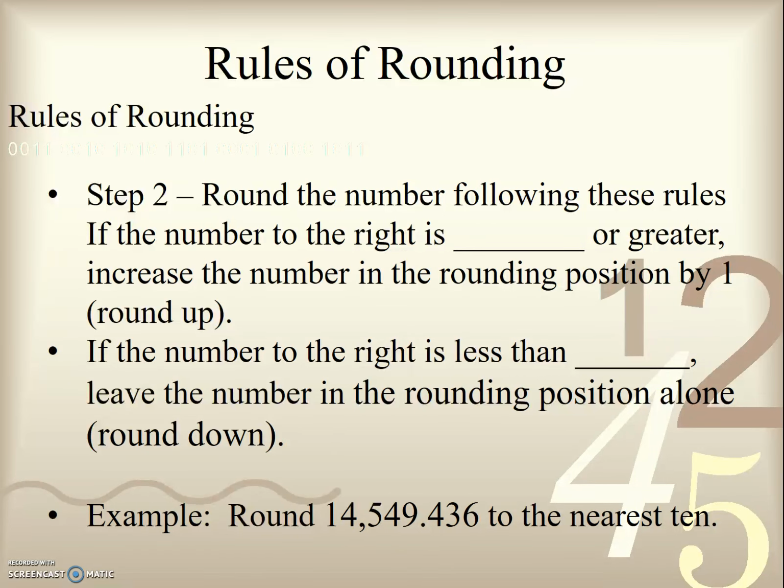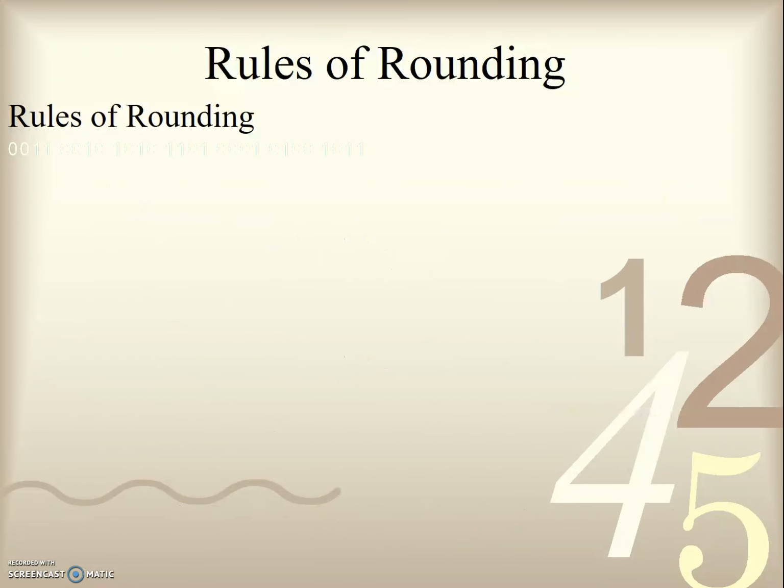All right, step 2. Round the number following these rules. If the number to the right is 5 or greater, increase the number in the rounding position by 1, or round up. If the number to the right is less than 5, leave the number in the rounding position alone, or round down. For example, we want to round 14,549 and 436 thousandths to the nearest 10. So let's check and make sure that you filled in the right things in your blank first.